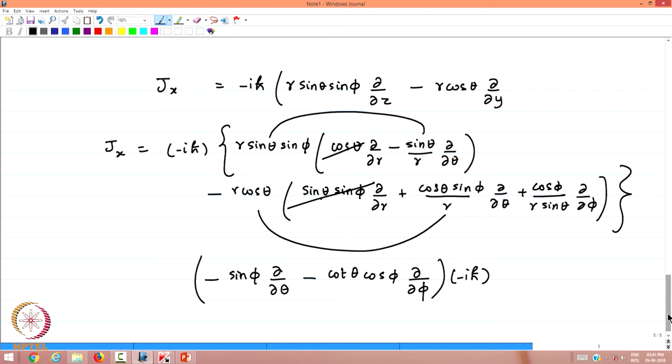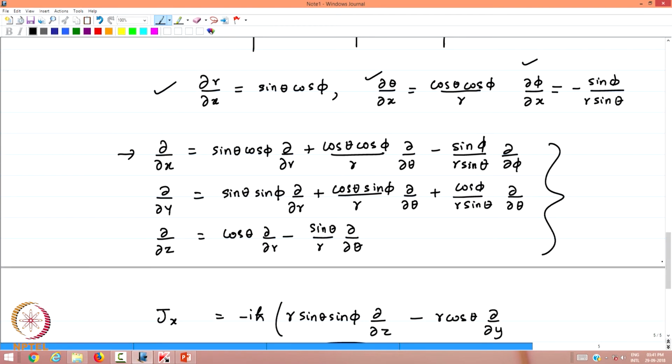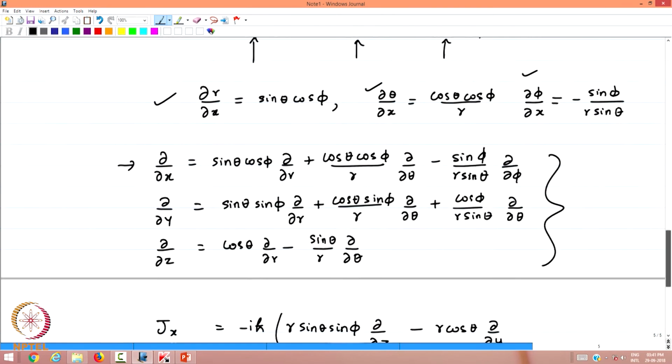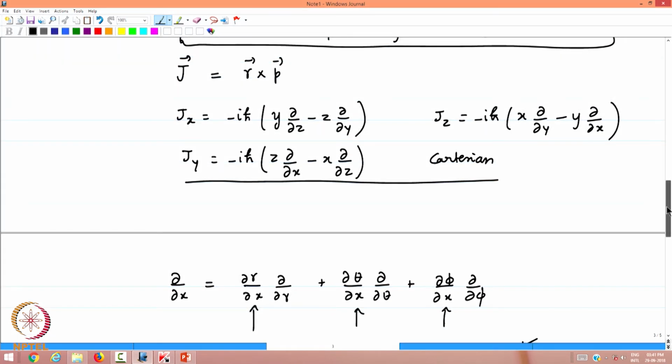So, the algebra is very clear: the first thing you need is to get these derivatives. The second is a simple substitution of these derivatives in the expression for the x component, the y component and the z component, and then cancelling and simplifying the terms.